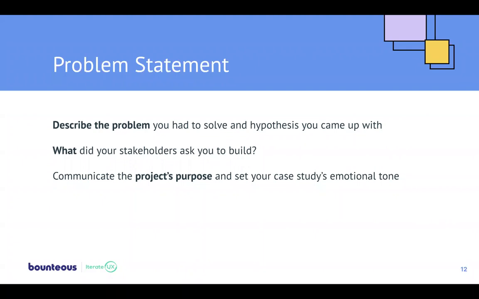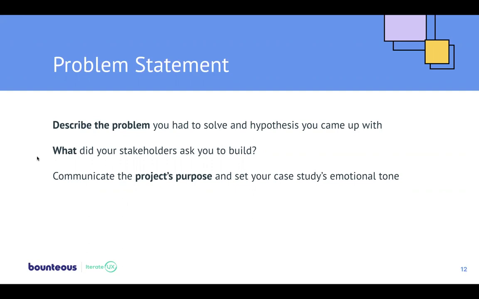For example, if the challenge is you need to do a mobile redesign, the problem statement would be, why are you doing it? What is the actual reason behind that particular challenge which is given to you? That is a problem statement. The hypothesis is the problem statement. So that is extremely important in a case study. It shows what level of understanding you have with respect to the problem the users are facing.